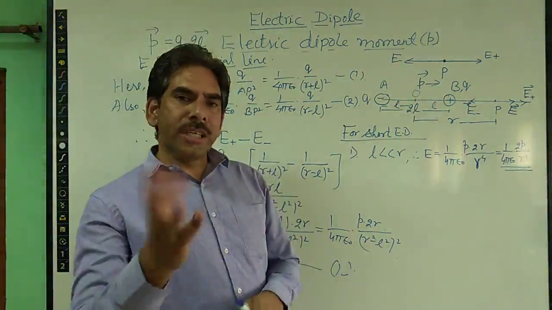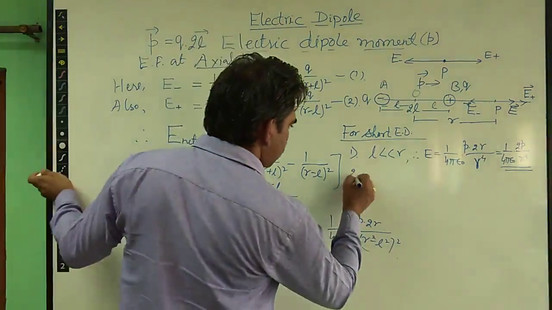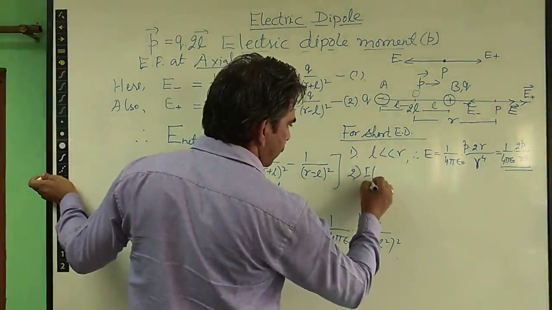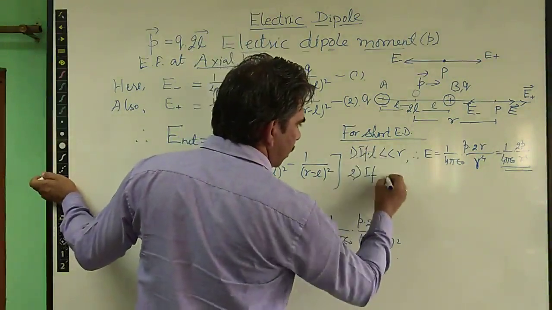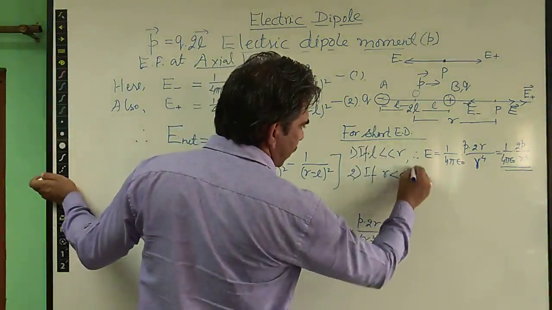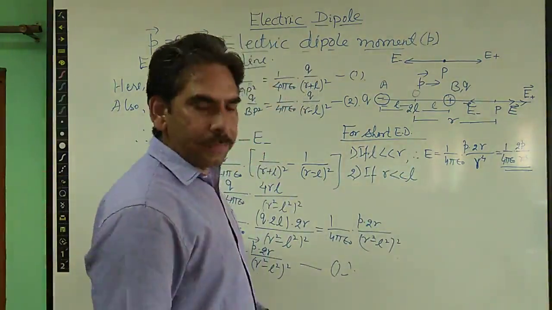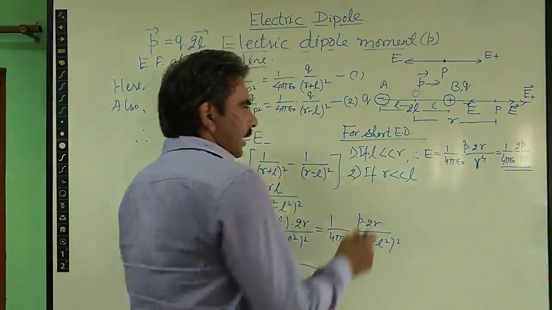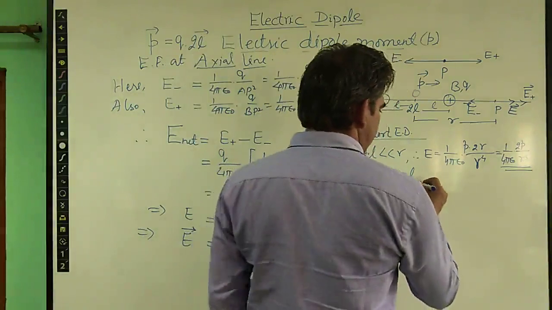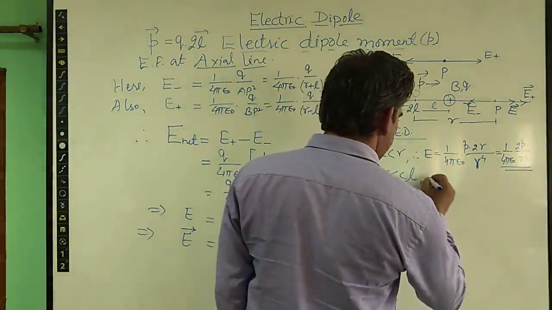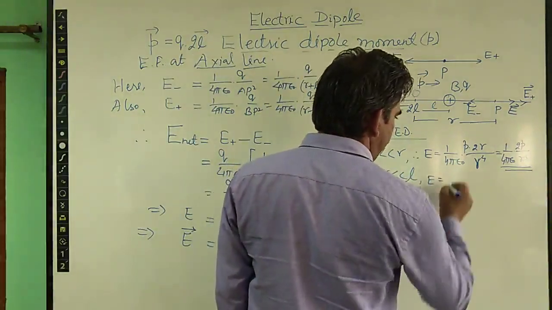But what if the converse is there? If R is very short in comparison to the length L, in that case R can be dropped, and the electric field takes a different form.